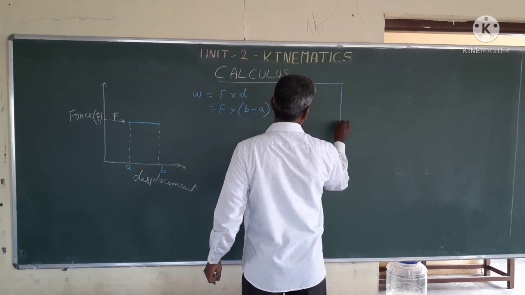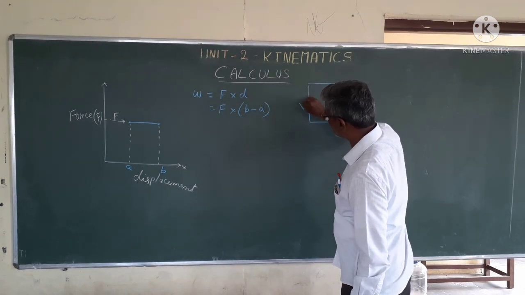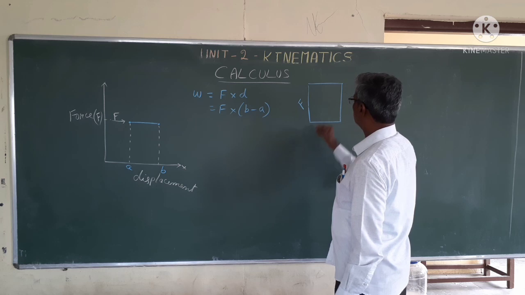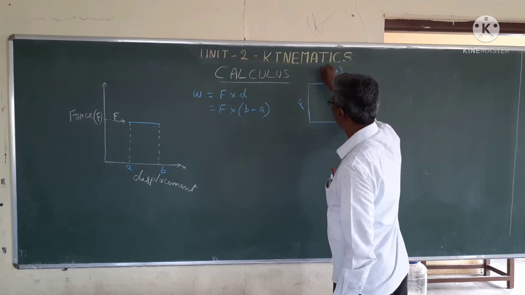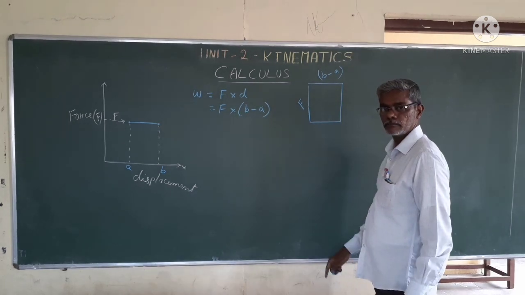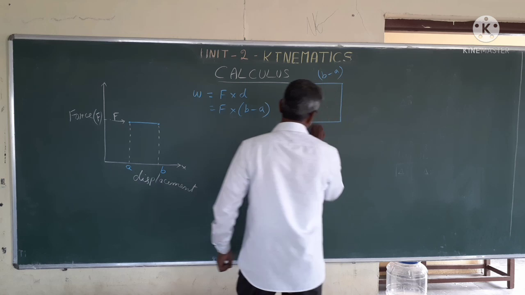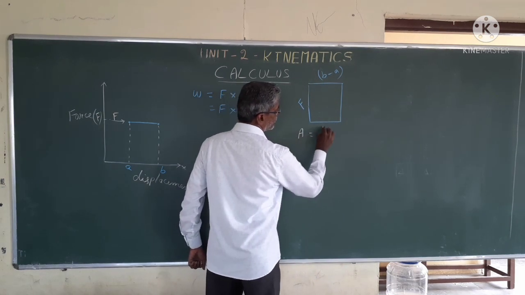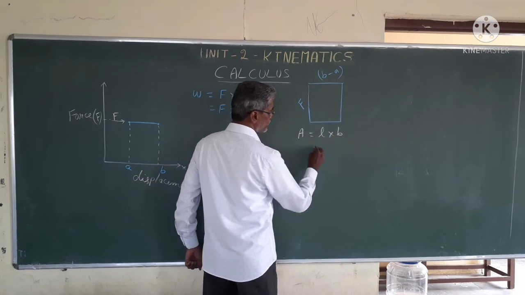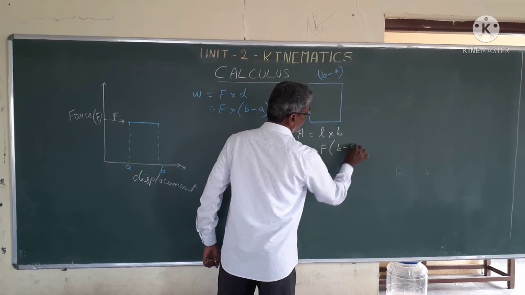This is the length and this is the breadth. Now, if I want to find out the area of this rectangle, area is equal to length into breadth. So what is the length? Force. Breadth is B minus A.